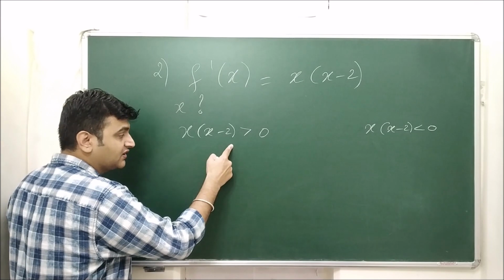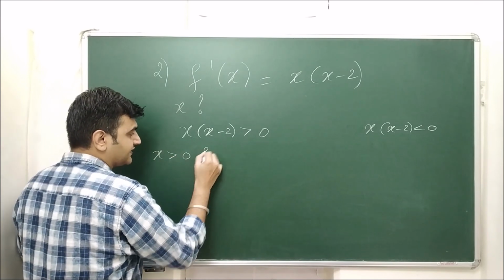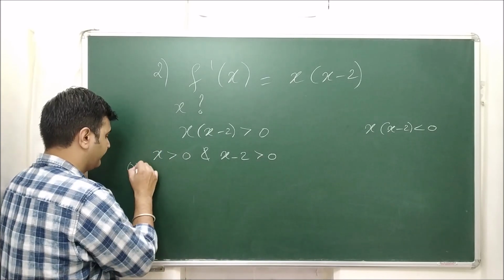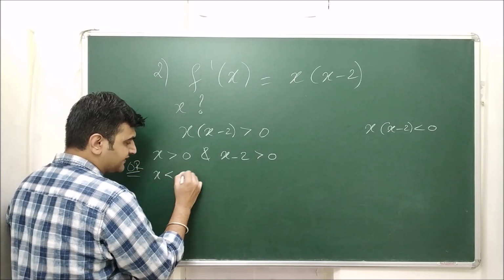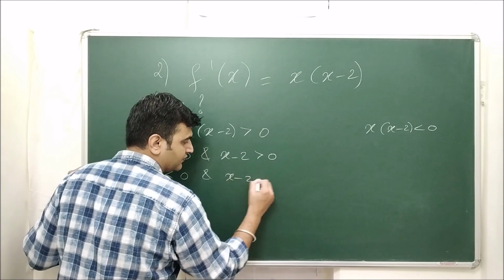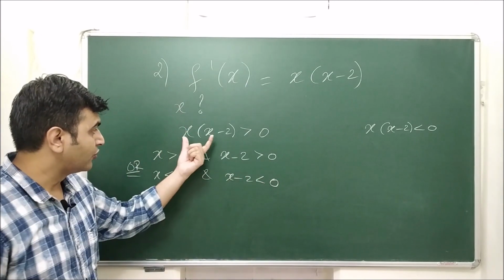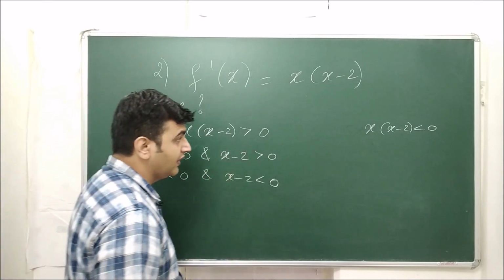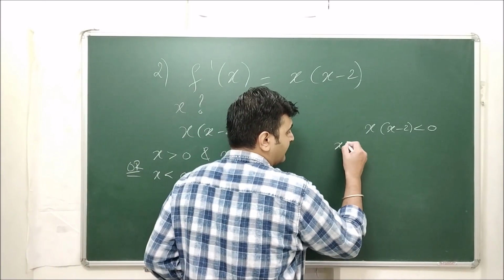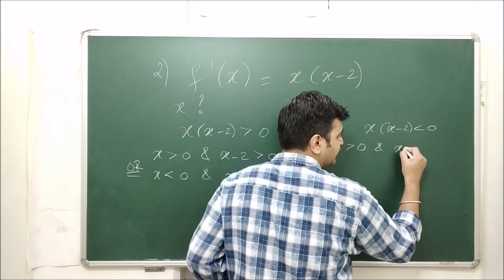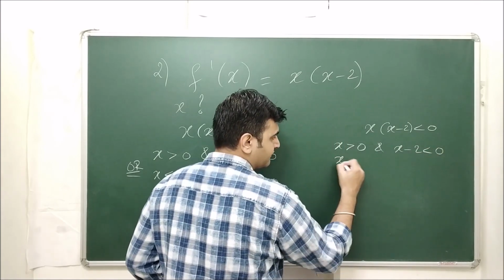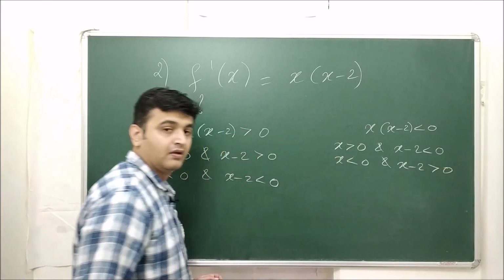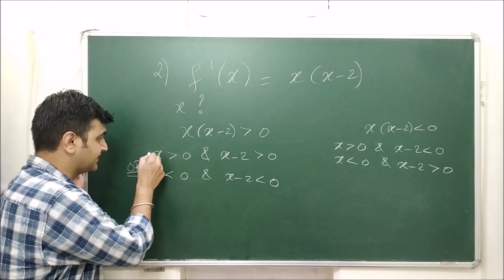Now this product is positive when x is greater than 0 and x minus 2 is greater than 0, or x is less than 0 and x minus 2 is less than 0, because the product of two negatives is positive, and the product of two positives is positive. And when will the product be negative? Either one is positive and one is negative, or this one is negative and this is positive, right?